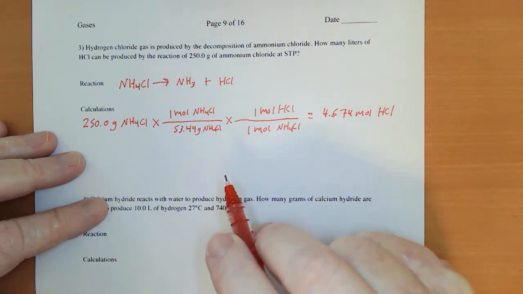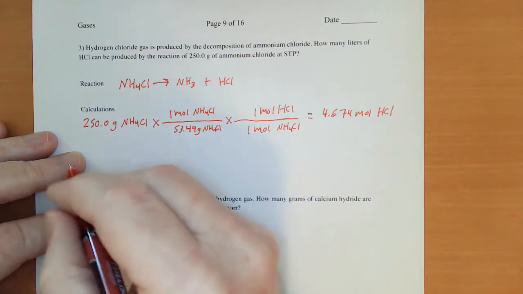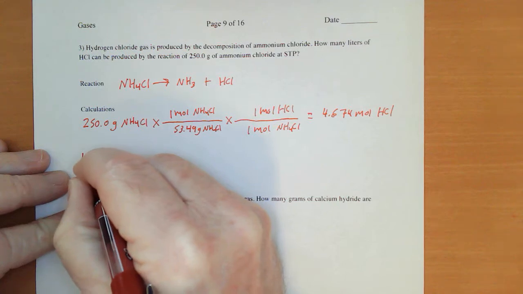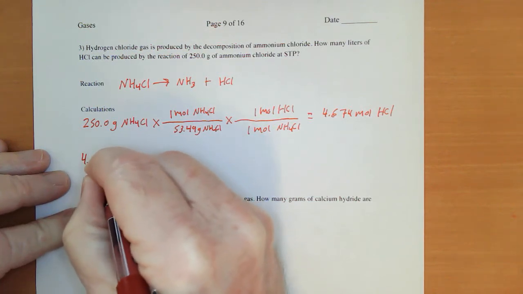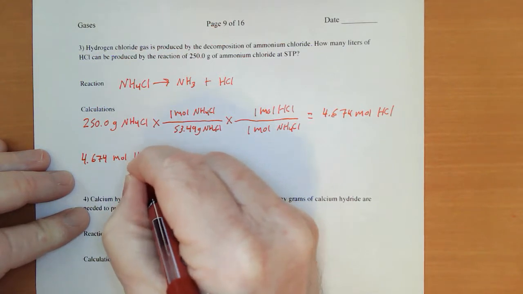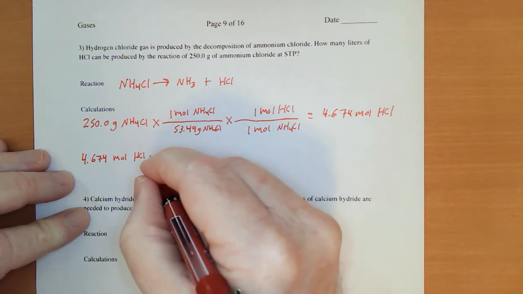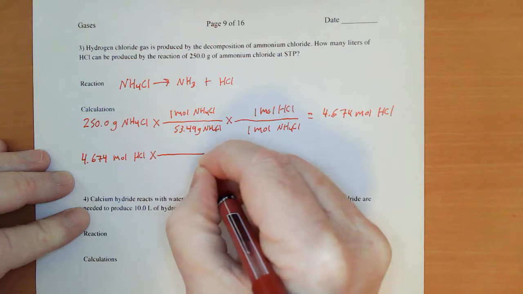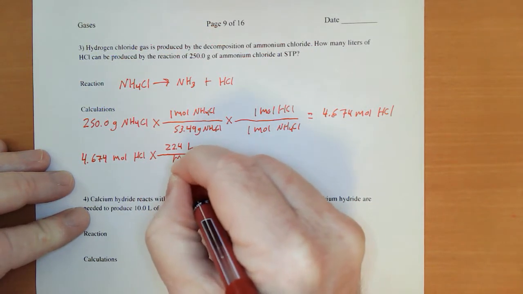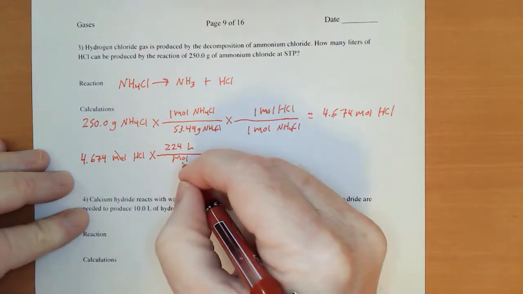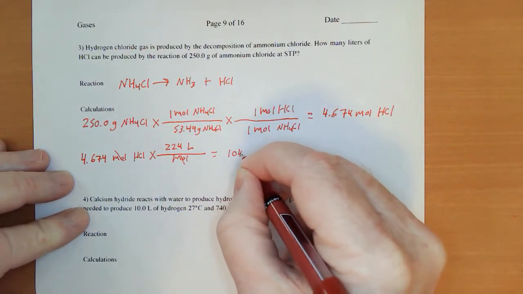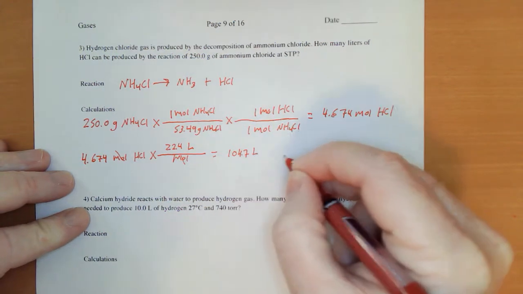Now, we've got STP again. So we can use our little shortcut, 4.674 moles HCl times, and we can use the 22.4 liters per mole. Mole is going to cancel. And on my calculator, that was 104.7 liters.